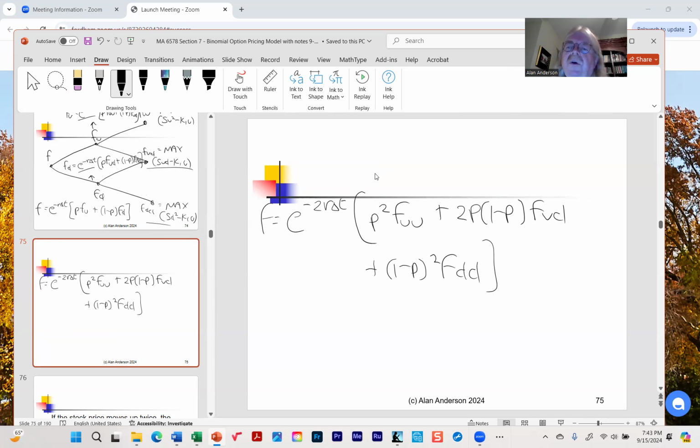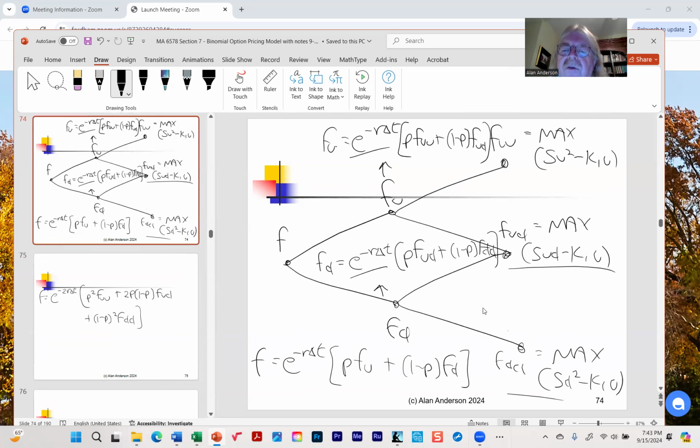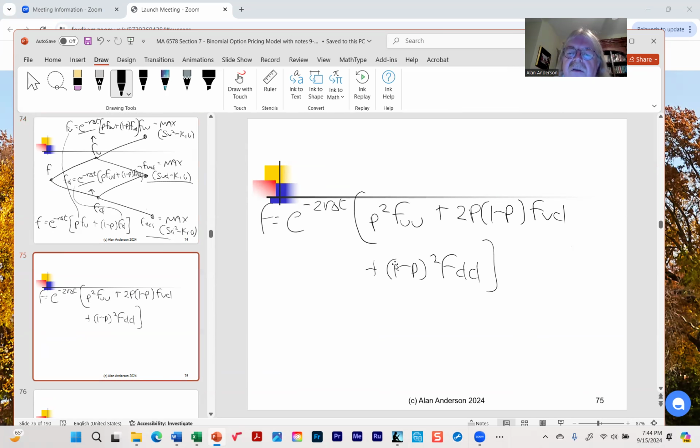That would be a somewhat more compact way of writing this. If you directly substitute FU and FD, that's what you'd end up with.